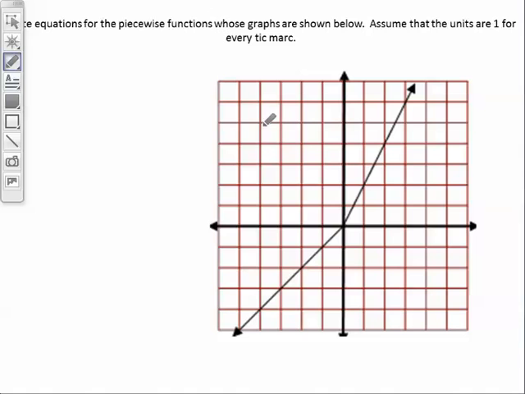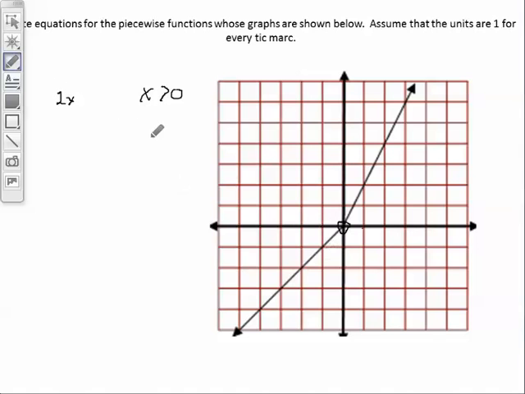So they're wanting us to come up with the equation for this one. I'm going to look at this and I'm going to start on the right hand side. So for x greater than 0, that means I'm going to have an open circle right here at 0. I'm going to see that it's got a slope of over 1 up 2. It's got a slope of 2, so it's going to be 2x. And I can see that it goes through the origin, so there's nothing going to be added onto it. So that's all it's going to be is 2x.